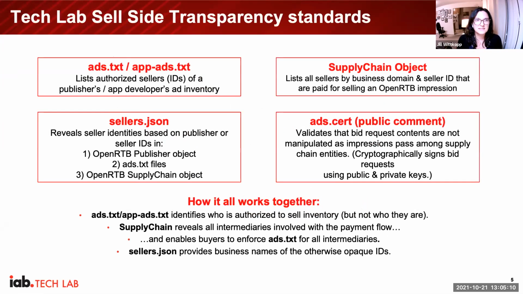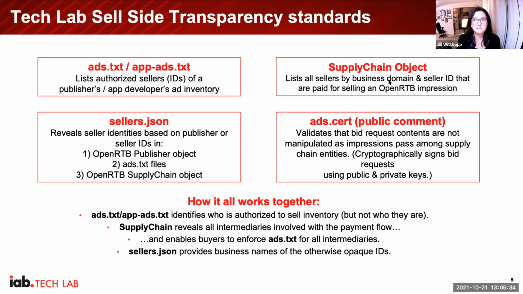The standards primarily that we're going to talk about today will focus mostly on ads.txt and app-ads.txt. Those are really ways for the publisher to list who's authorized to sell inventory for a given domain. The complementary standards to that are things like the supply chain object and Sellers.json.